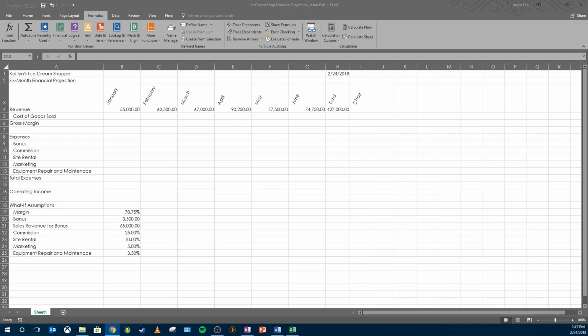So we're going to create the cost of goods sold, and I'm just going to use the formula to help me out here. We're going to do equal B4 times parentheses 1 minus B19.